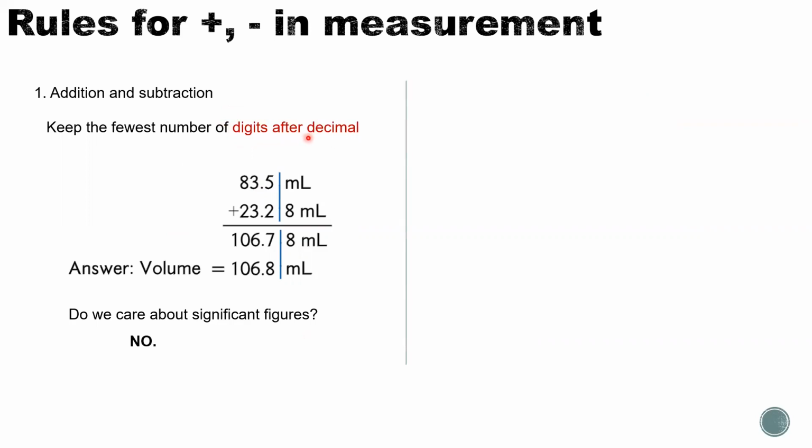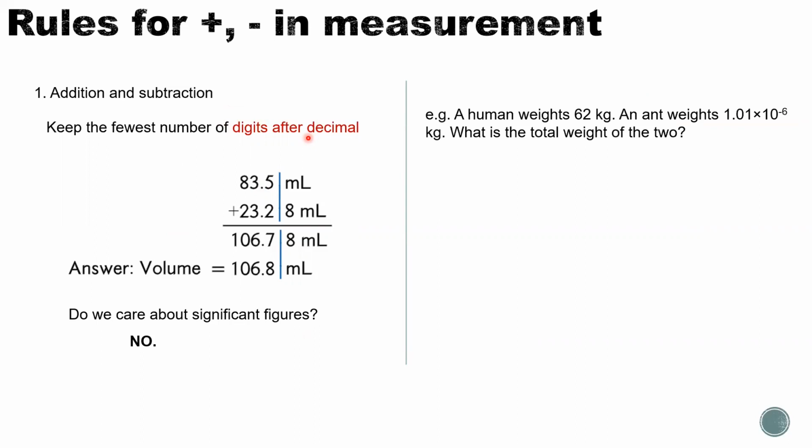And here's an example of why. If a human weighs 62 kilograms and an ant weighs 1.01 times 10 to the minus 6 kilogram, what's the total weight of the two? It's an addition question, so we use 62 plus 0.000000101.